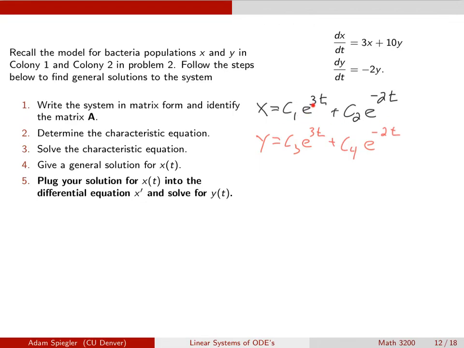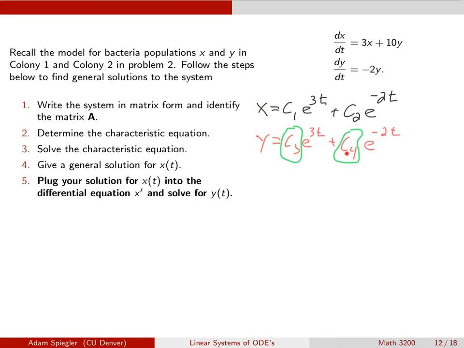And so we can assume that x is equal to c1 e to the 3t plus c2 e to the minus 2t. y is going to have a similar form. We've got different arbitrary constants, c3 and c4, in the solution for y. And these are not arbitrary coefficients. They may depend on the values of c1 and c2 because our two populations, or our two dependent variables, x and y, are interconnected in this situation.